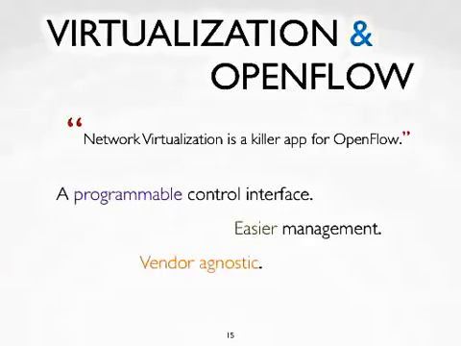OpenFlow is a boss in the network virtualization domain. Network virtualization is always referred to as a killer app for OpenFlow. It's the best fit. Why? Because in the network I've shown you, we have several virtual machines, and we need a programmable control interface for the switches.